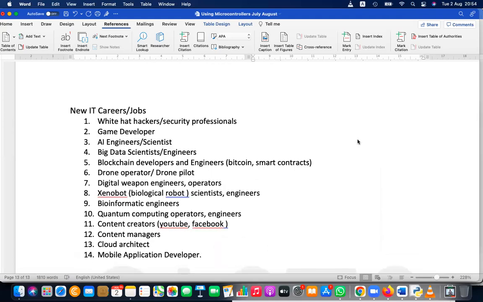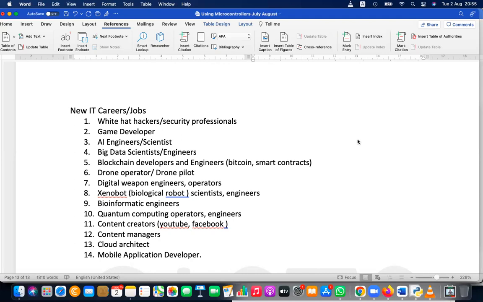And new ICT careers. These are also very important. So what are the recent careers? These are ones I have skipped. There are careers like software developer, web designer, graphic designer, multimedia authoring agent, or digital marketer.